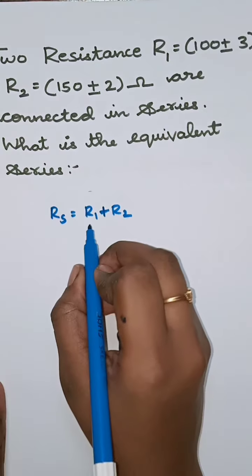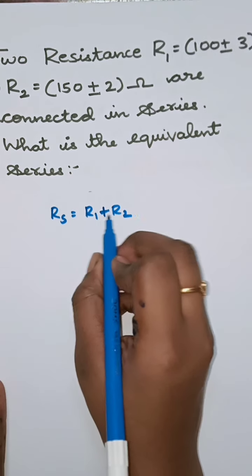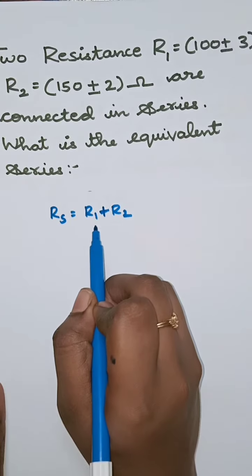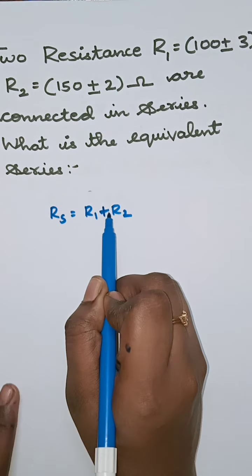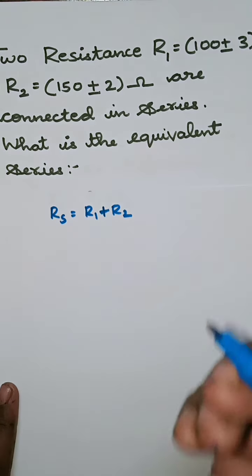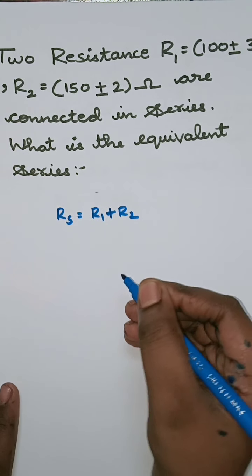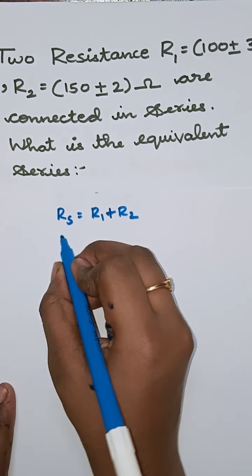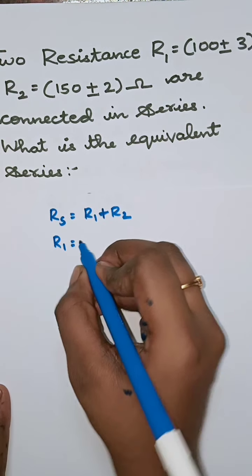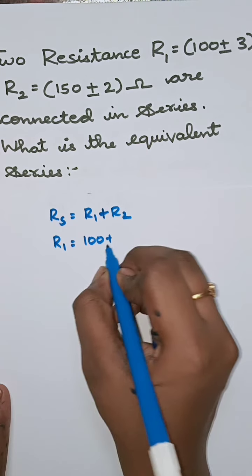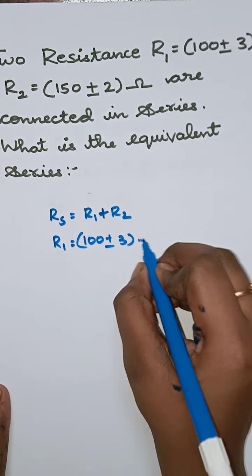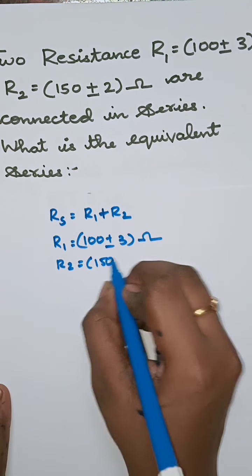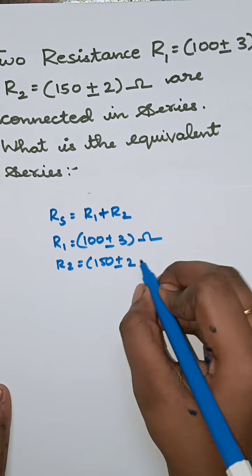How will I say this is due to the sum of two quantities? Because I am adding the two quantities. If I add the two quantities, then the error has occurred due to the sum of two quantities. So how to solve this type of problem? First, write the given values. R1 is equal to 100 plus or minus 3 ohm, and R2 is equal to 150 plus or minus 2 ohm.